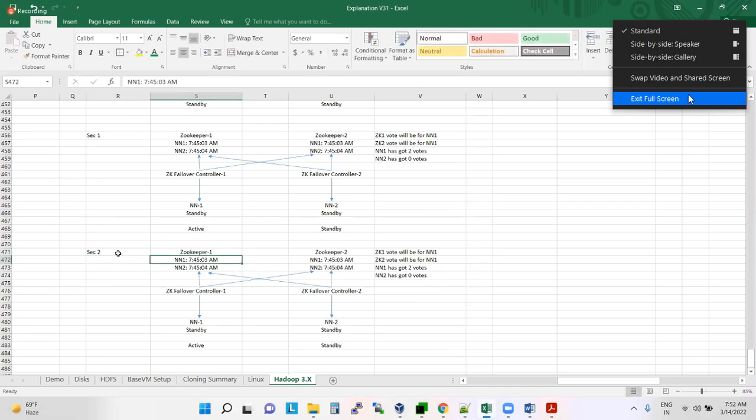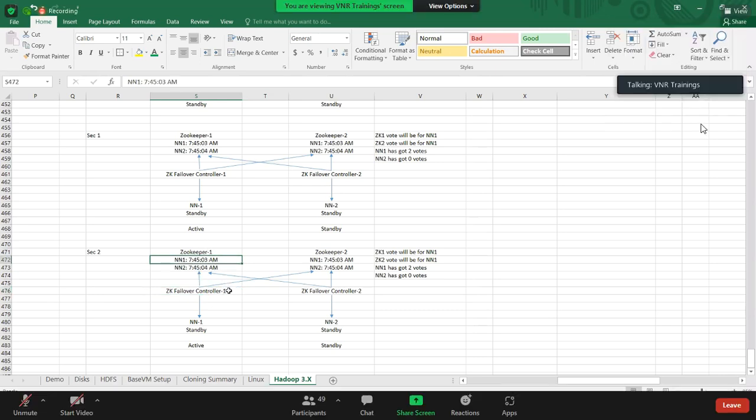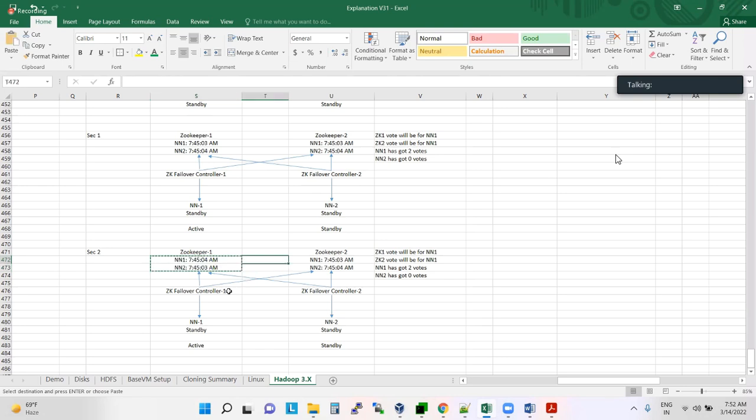So let's say both the failover controllers are started. Failover controller 1 has sent a heartbeat of name node 1 to zookeeper 1 at 7:45, 4 a.m. These are sent at 3 a.m. Now tell me, zookeeper 1 vote will be for whom?